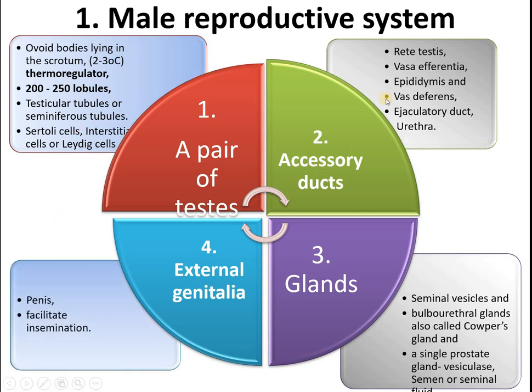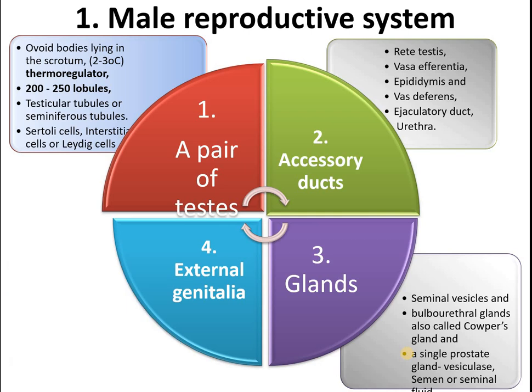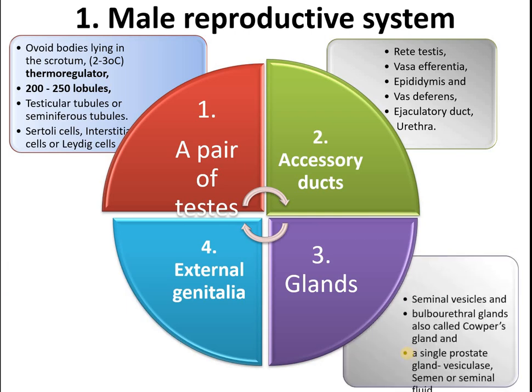Here, the accessory ducts are rete testis, vasa efferentia, epididymis, vas deferens, ejaculatory duct, urethra, and the glands associated with male reproductive system are seminal vesicle, bulbourethral gland, which is also called Cowper's gland, and prostate gland. These are all the glands associated with the male reproductive system. The external genitalia is penis. So this is the outer structure of the male reproductive system.